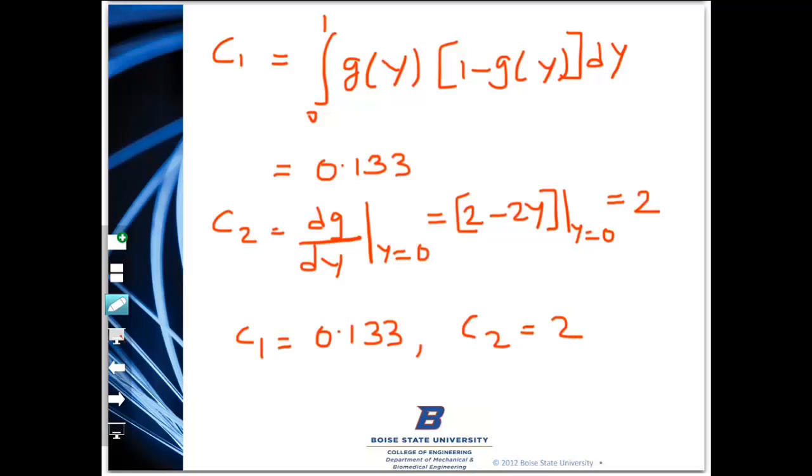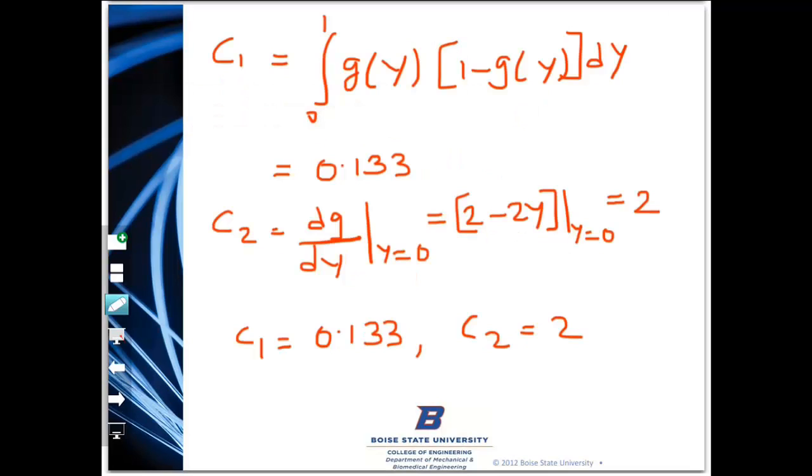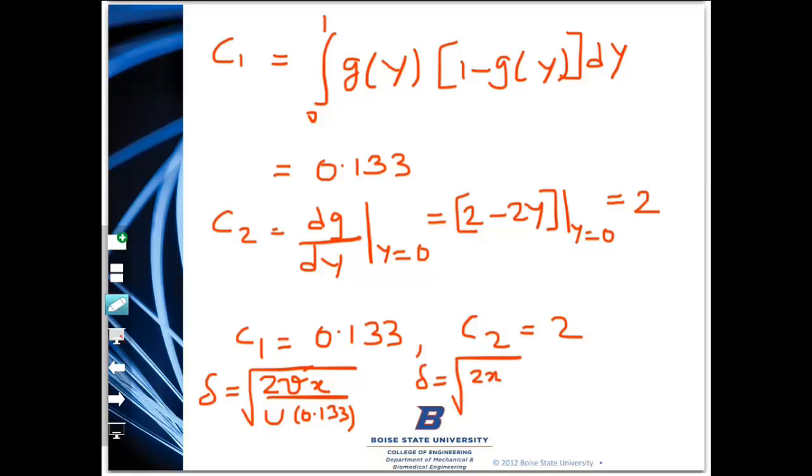Let's go ahead and substitute in the previous formula for delta. So delta equals square root of 2 nu x over U times 0.133. Or I can do a little bit of algebra here where I multiply and divide by an x inside, and you'll see why that helps.